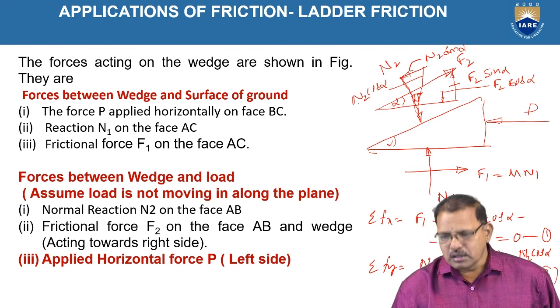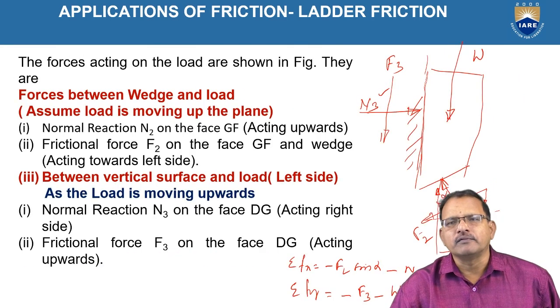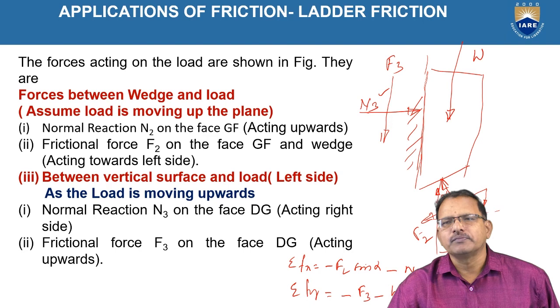Similarly, on drawing free body diagram of the weight, first identify the forces which are acting on it. F3 is acting downward directions. Since the body tends to move upward, normal reaction N3 perpendicular to the plane. And the reaction offered by the wedge on the body, that is N2, it is acting upward directions. That can be resolved into two components, one is vertical, one more the horizontal.